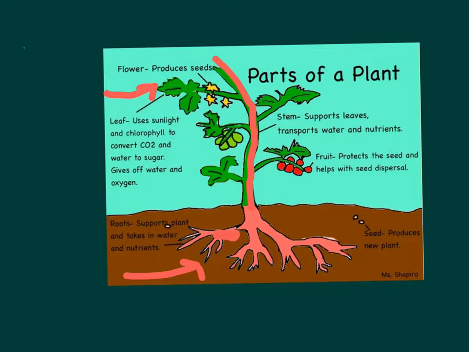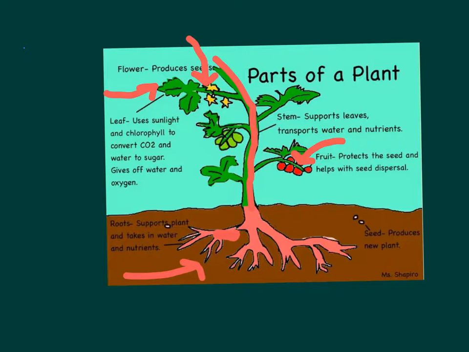From the leaf, a flower will grow right here, and that flower helps to produce the seeds. That is also how it pollinates, how bugs come in, they go into the flower, and that's how it reproduces. From there, the flower can turn into a fruit right here.